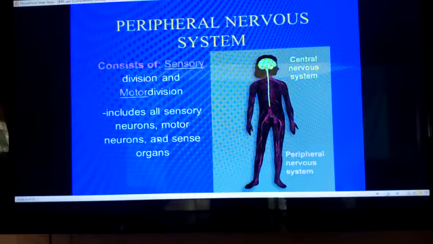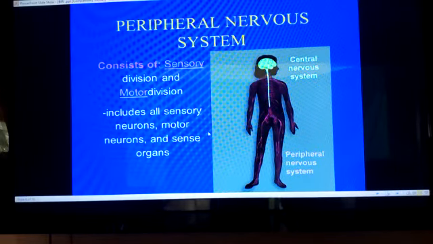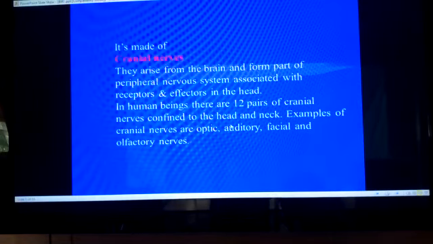If they innervate the spine, we call them the spinal nerves. If they innervate the cranium, we call them the cranial nerves. The cranial nerves arise from the brain and form part of the peripheral nervous system associated with the receptors and effectors, mainly in the head.